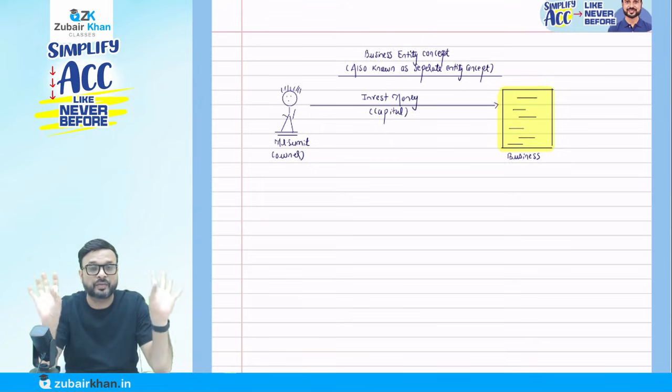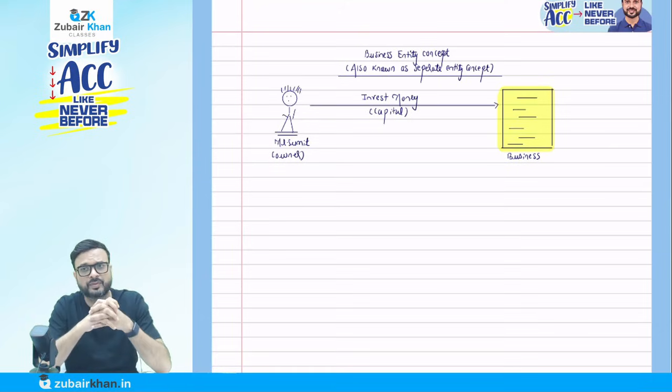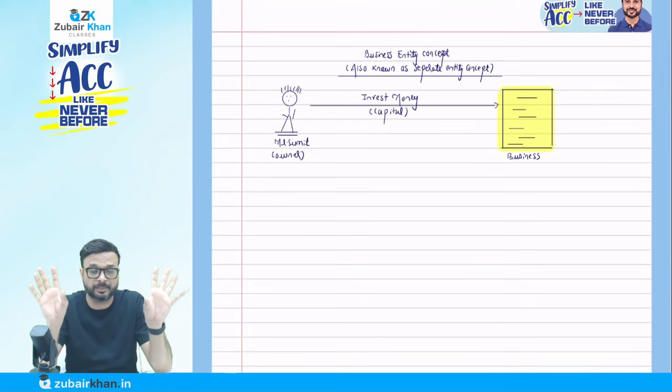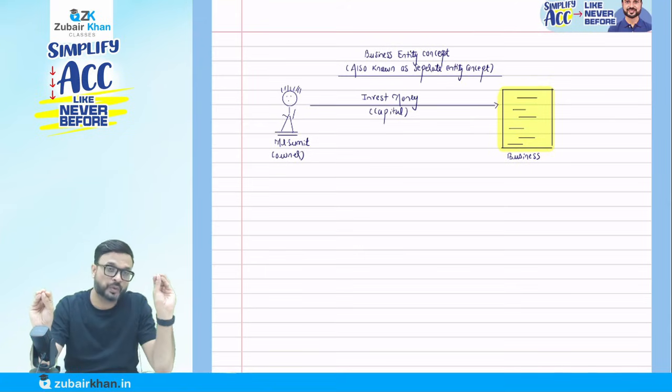They are two different things. Even though he holds 100% and is the only owner of the business, for the purpose of accounting we don't treat them as one entity. We call them two separate entities. Business entity concept means the identity of the business is different and the identity of the owner is different.